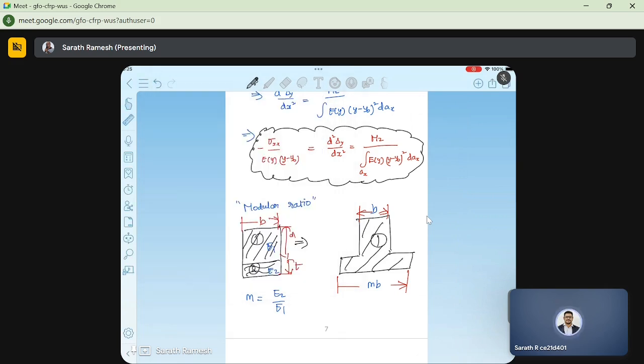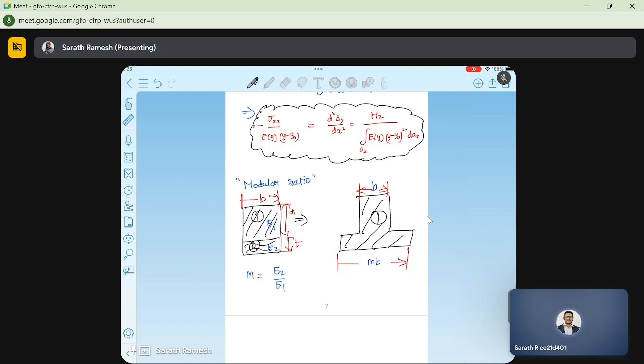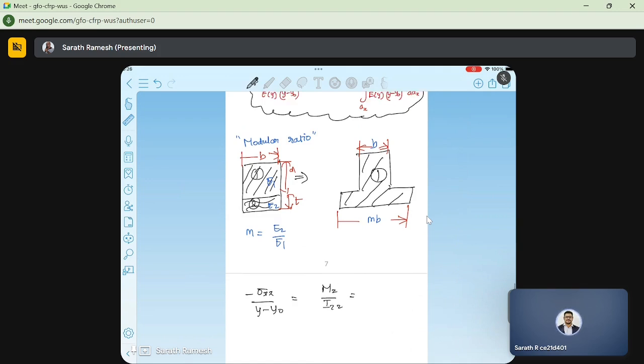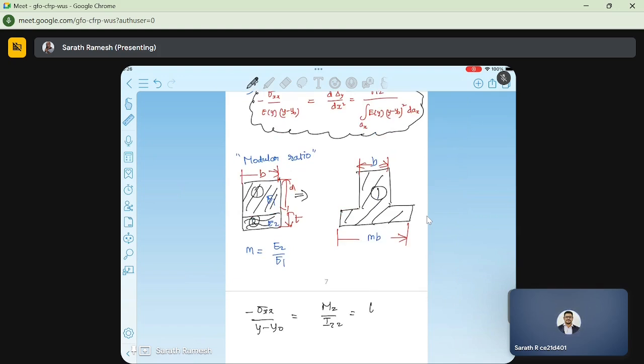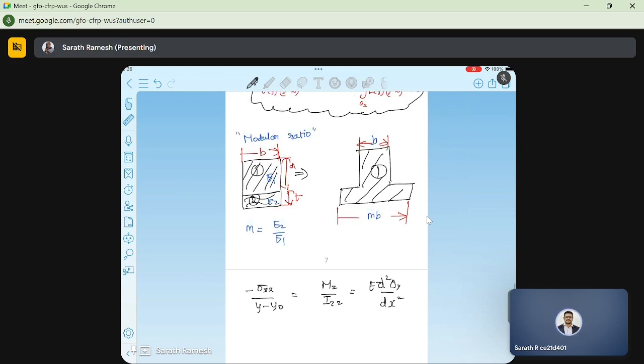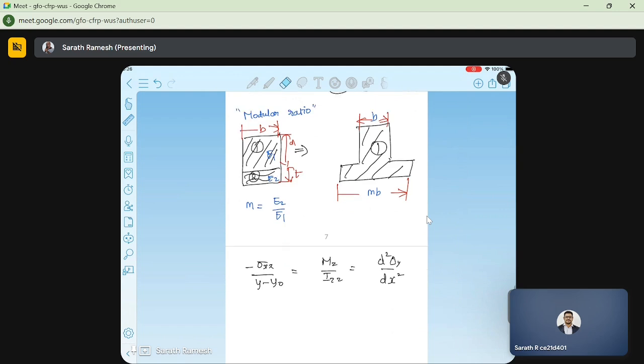So now we can solve this section using the same old bending formula, that is minus sigma xx by (y minus y naught) equal to mg by Izz equal to E into d square y by dx square, right, this equation. This E won't come here, right? E won't come. Fine.